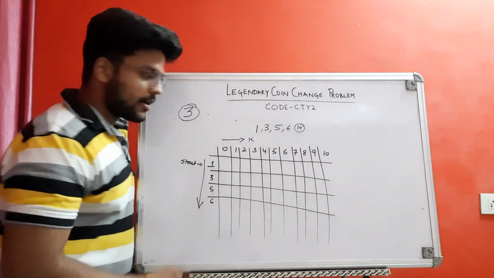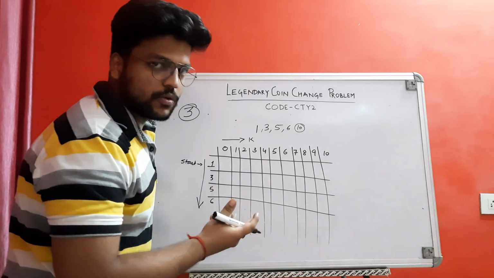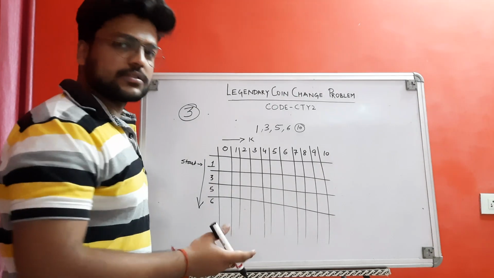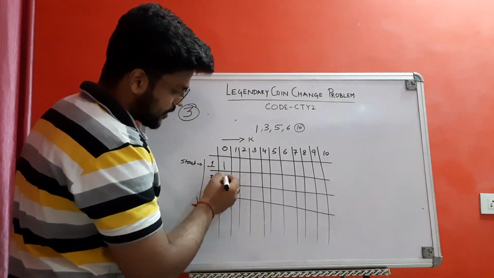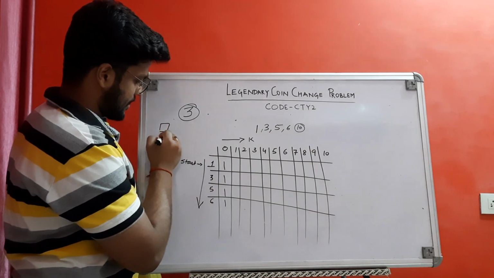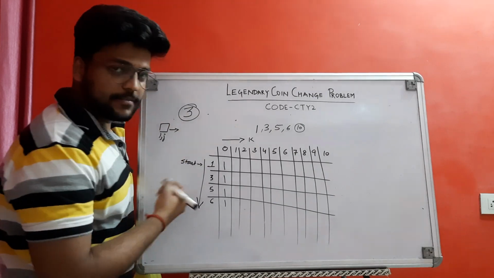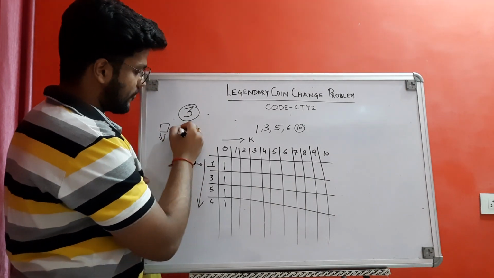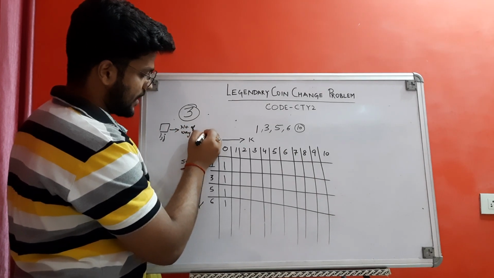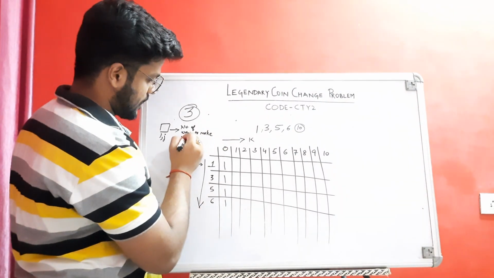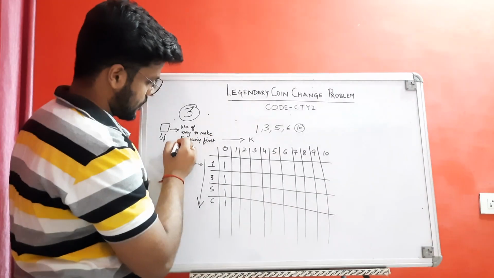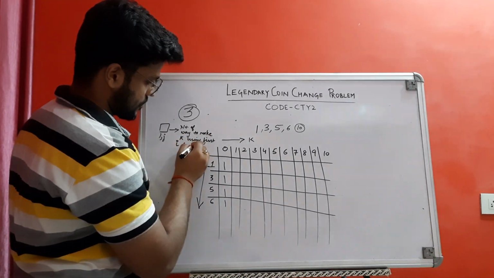Once again a base case: when k is equal to 0, it is always possible to make a sum equal to 0 by not choosing any denomination. So I will put here 1. What will be my cell? The ith, jth cell will tell me the number of ways to make sum j using the first i denominations.